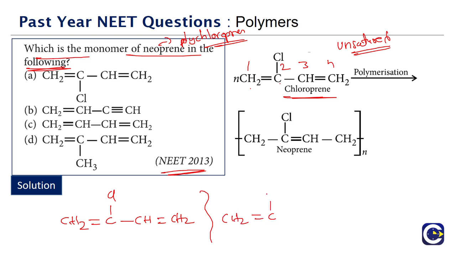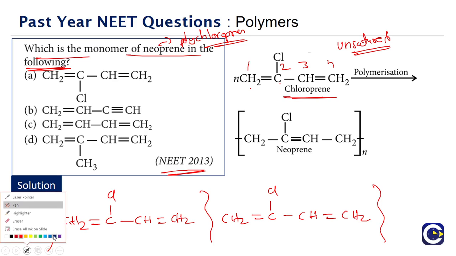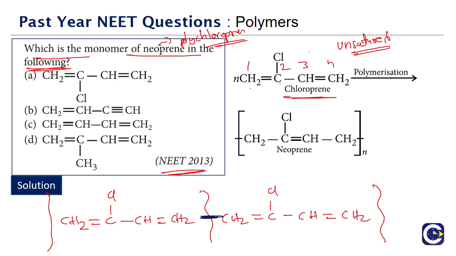CH2 double bond CCl, CH double bond CH2, and this is going to repeat this side also. Now how the addition will occur is, there will be an additional bond that will be formed here, same this side also and this side also, because it will be a linear chain. Neoprene is also example of what?